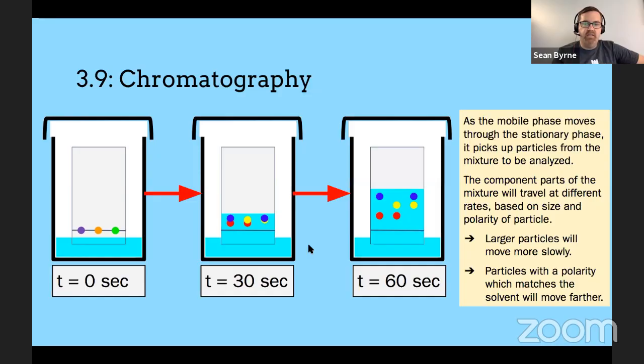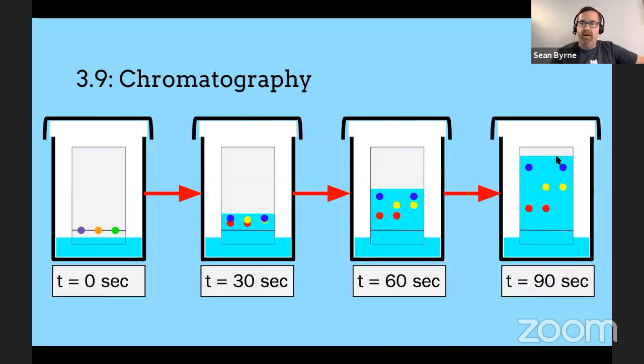And as another 30 seconds goes by, we have more of our solvent moving through the stationary phase, and we see further separation of the component parts of our initial mixture, until we get to a point where the solvent is somewhere near the top of our chromatography paper.